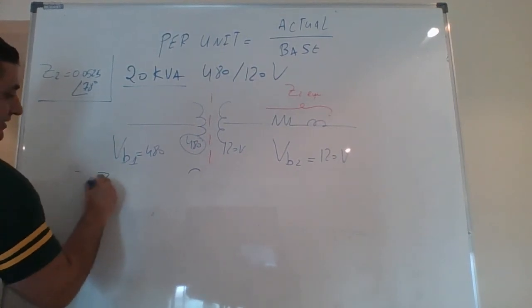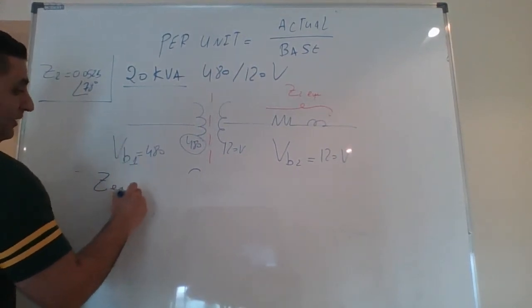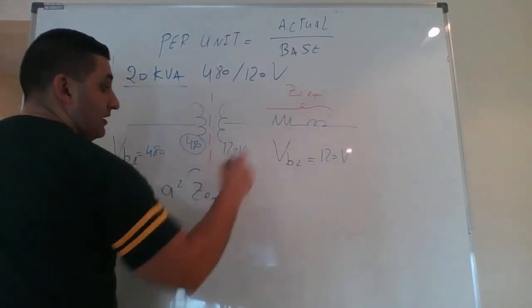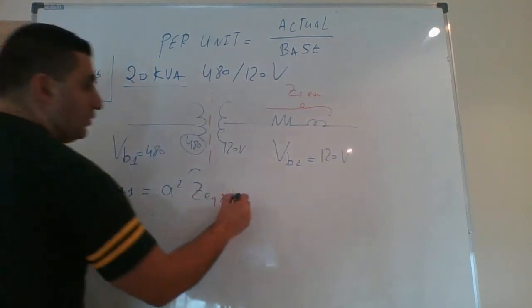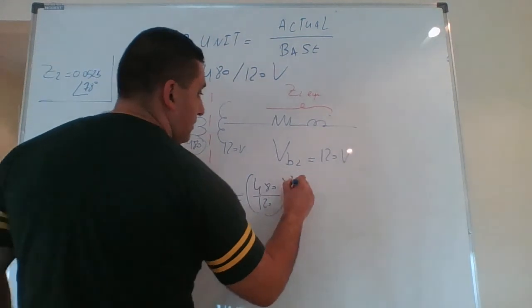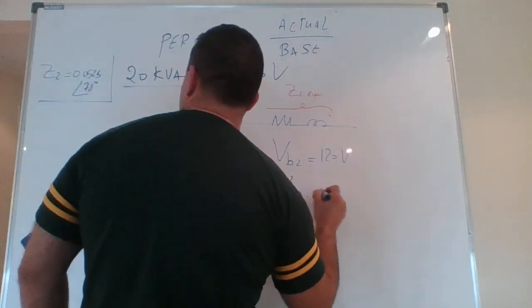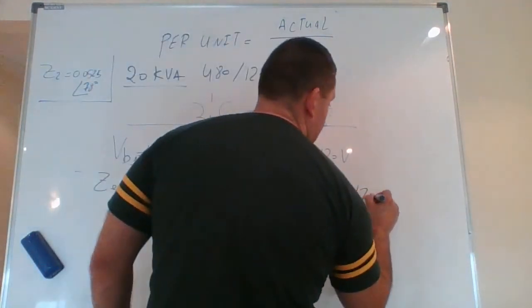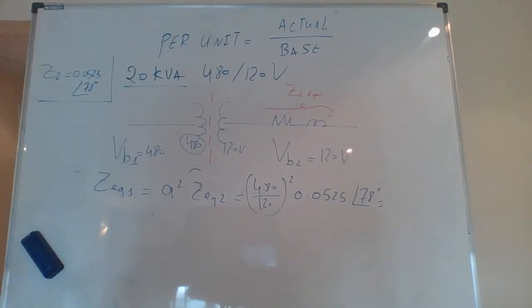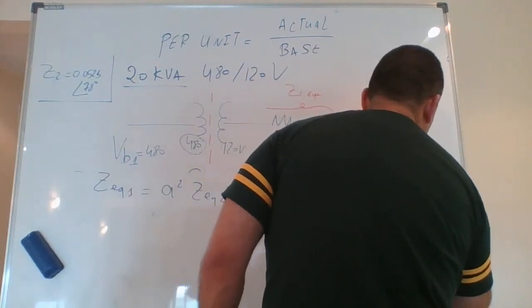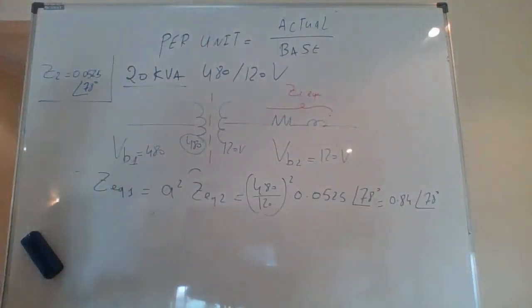Z equivalent 1 as seen from the primary is equal to A squared multiplied by Z equivalent on the secondary, which is (480 divided by 120) squared multiplied by 0.0525 angle 78 degrees. So Z equivalent 1 will be 0.84 angle of 78 degrees.